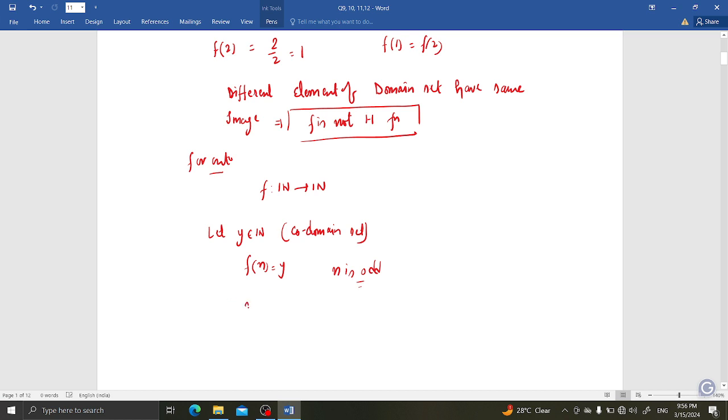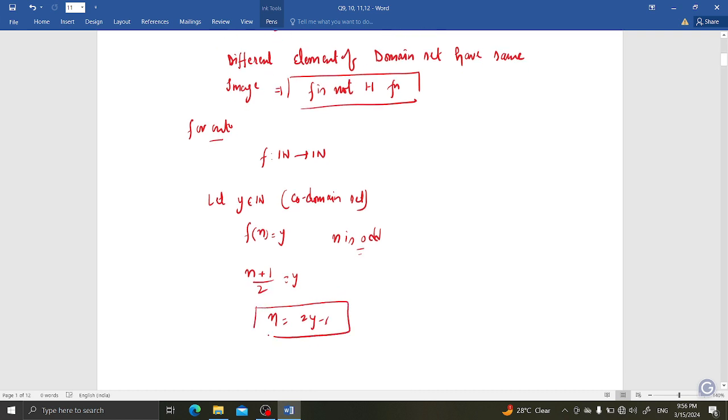If n is odd, then the condition is (n plus 1) by 2 equals y. So the form of n will be 2y minus 1. Here we can observe that n is of the form 2y minus 1.